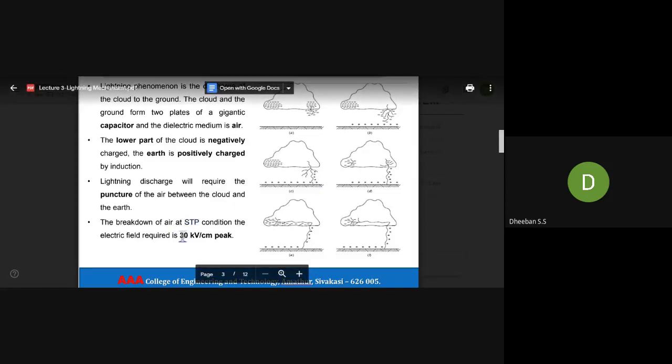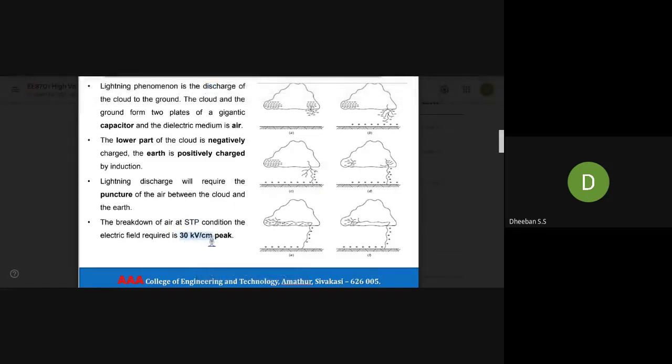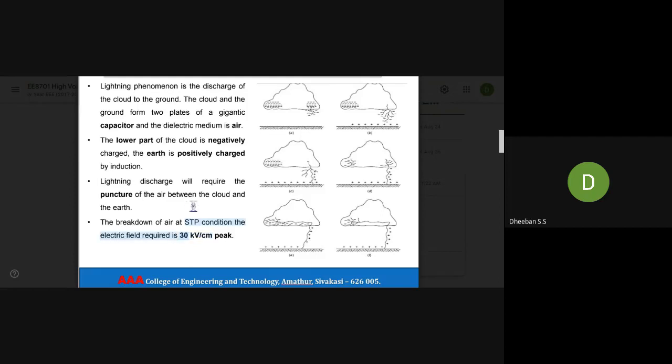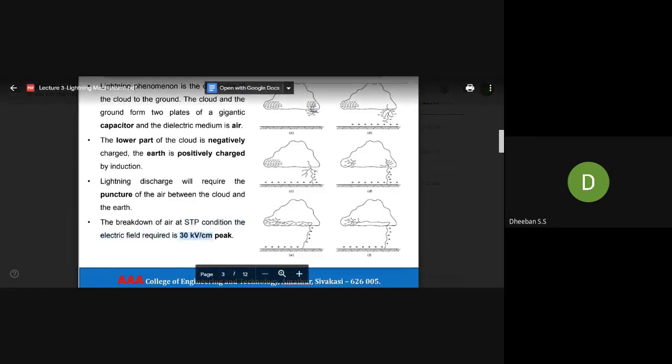That electric field is 30 kilovolt per centimeter. So for 1 centimeter, the voltage around this air must be around 30 kV. This 30 kV will be given through the charges in this cloud.